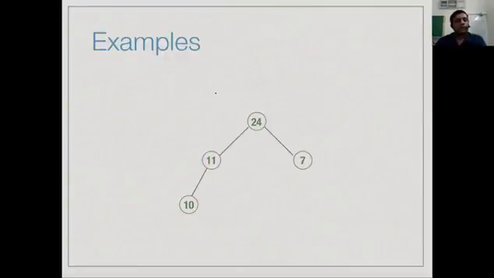So here is an example of a heap with 4 nodes. First, because it is 4 nodes, every 4 node heap will have this shape, because the first node will be the root, the second node will be the root's left child, the third node will be the right child, and the fourth node will start a new level. Then moreover, we can check the heap property. We see that 24 is bigger than 11, 24 is bigger than 7, so this is a valid node for the heap property. 11 is bigger than 10, there is no right child, so this is valid.